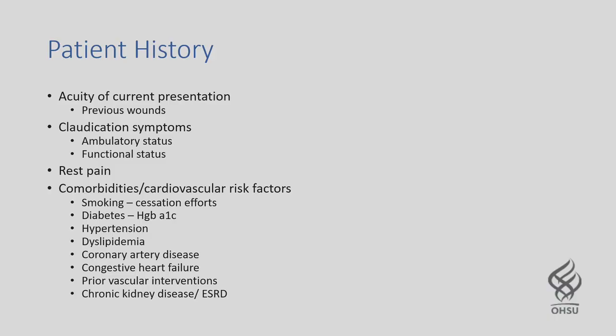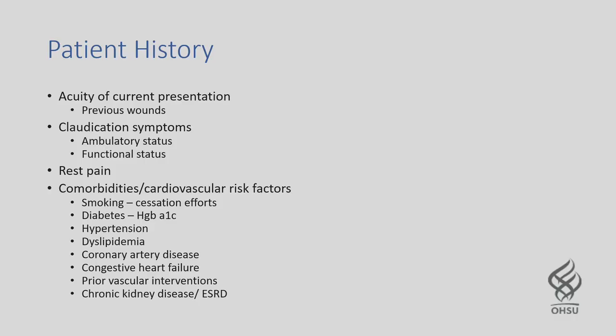It's always important to review their comorbidities or risk factors just to have a sense of what's contributing to this. Smoking, of course, being the number one risk factor, and I always make a point to inquire on what their cessation efforts are, who's helping them with that, how we can help them with that, and have they picked a quit date.